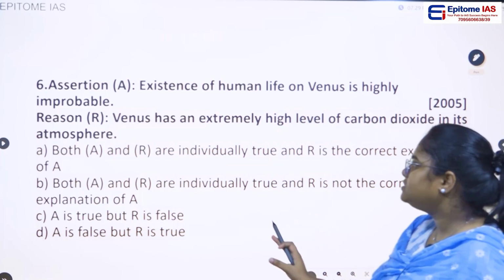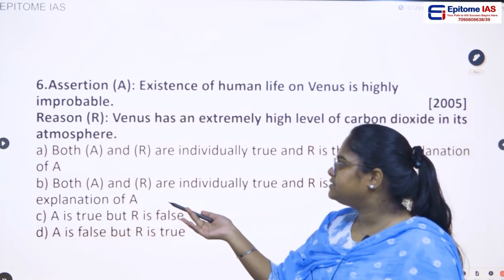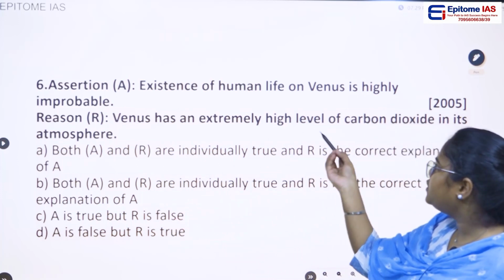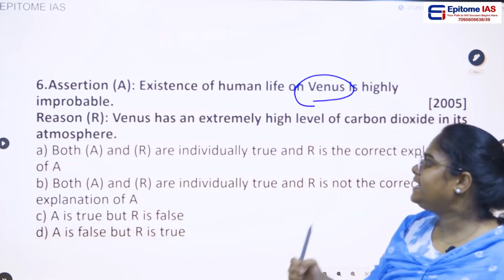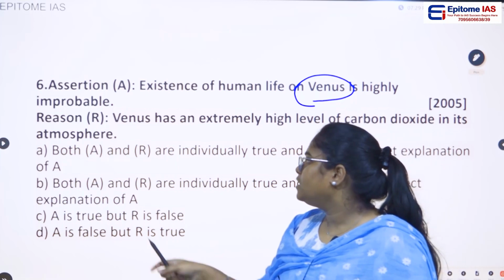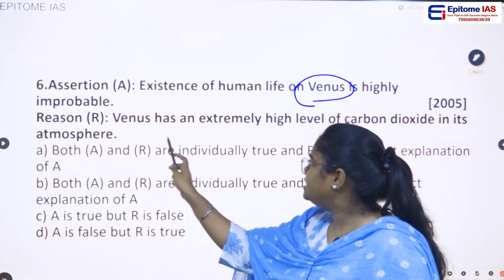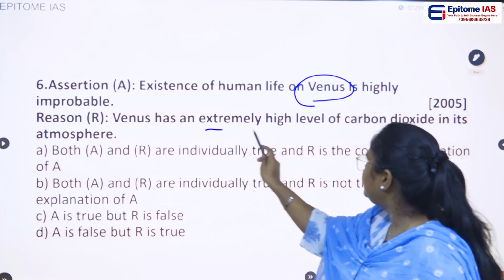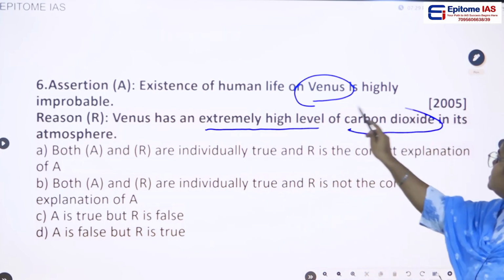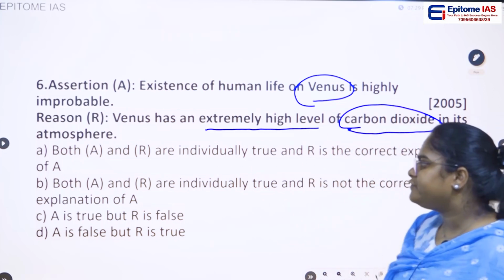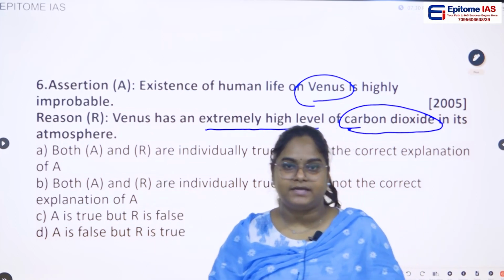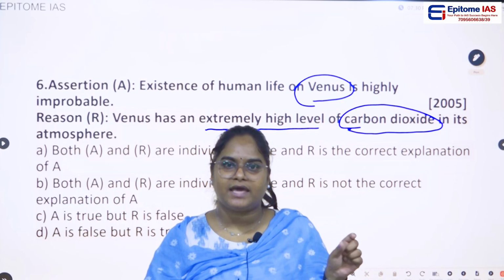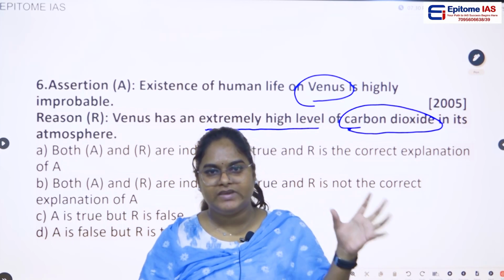So the next question, again it is an assertion and reason question. Assertion: existence of human life on Venus is highly improbable. The reason given is, Venus has an extremely high level of carbon dioxide in its atmosphere. So if you see the assertion, existence of any human life is not possible on Venus.